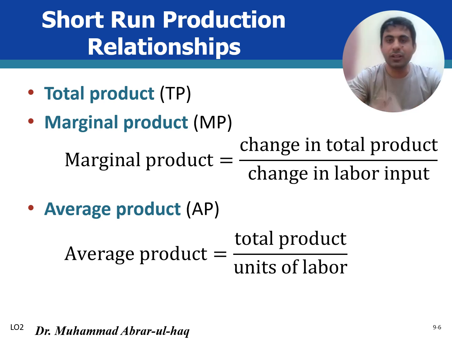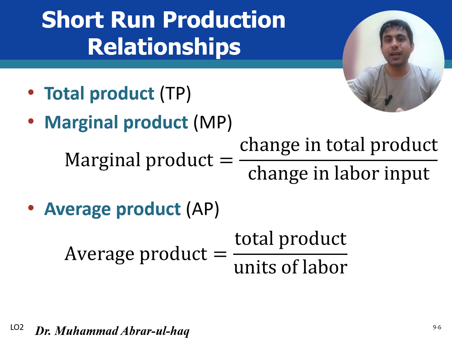So the marginal product provides insight into the productivity of additional labor and helps identify the point at which adding more labor may lead to diminishing returns. And lastly, the average product measures the output produced per unit of labor, computed by dividing the total product by the quantity of labor employed.